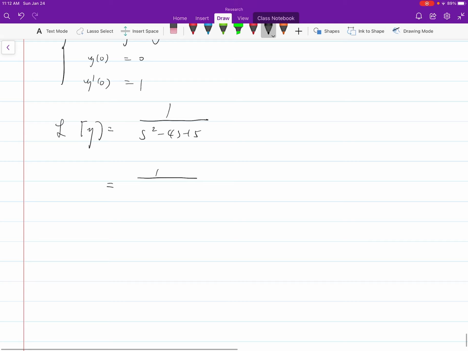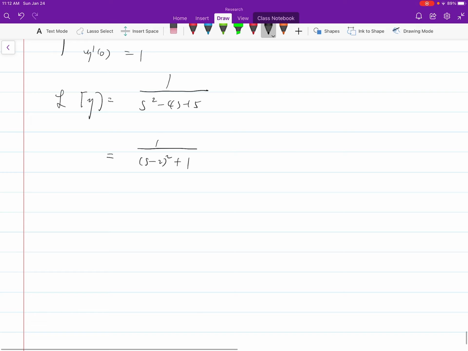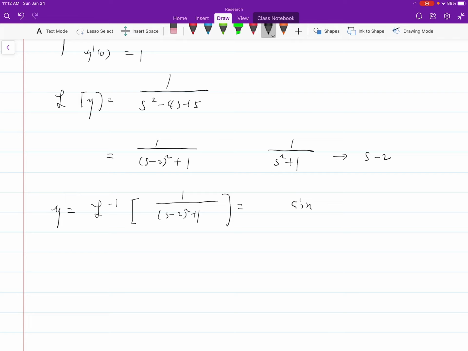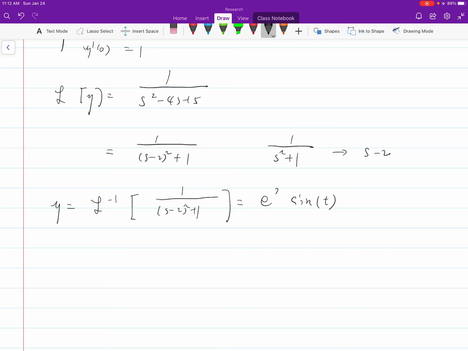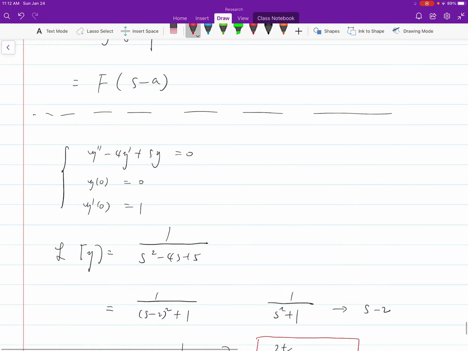Therefore, there is no way we can change it to be exponential, but instead we can do this. Now you can get it from this. You can see it's nothing but this one with s changed to s minus 2. Therefore, the whole thing is going to be sine omega t, but shifted by 2, so you multiply by e to the 2t. That would be the answer to this initial value problem after we do the Laplace transform.